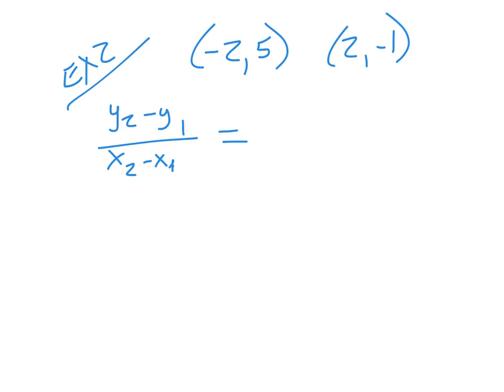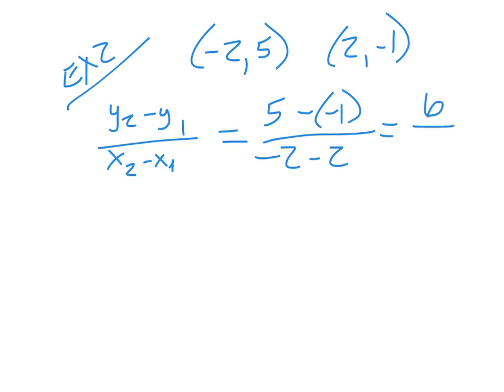No. So the first one's going to be my 2's. So I'm going to say 5 minus a -1 over -2 minus 2. What's 5 minus a -1? It'd be 5 plus 1. Yep, so 6 over -2 minus 2, -4. I can reduce that, right? -3 over 2. So that's my slope.